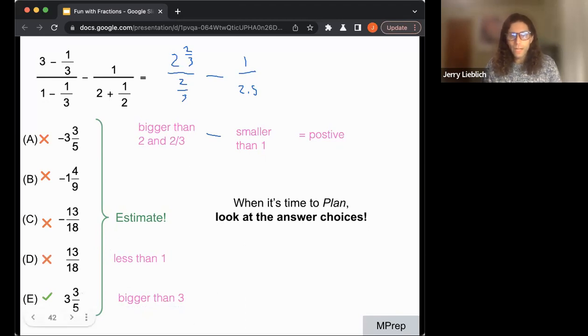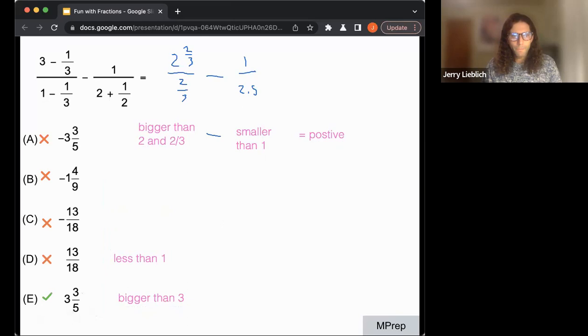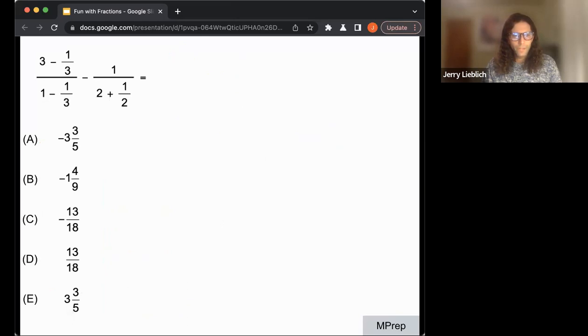If I wanted to actually solve it out, I of course could. And let's do that before we finish up. I could make this 9/3 minus 1/3 over 3/3 minus 1/3.